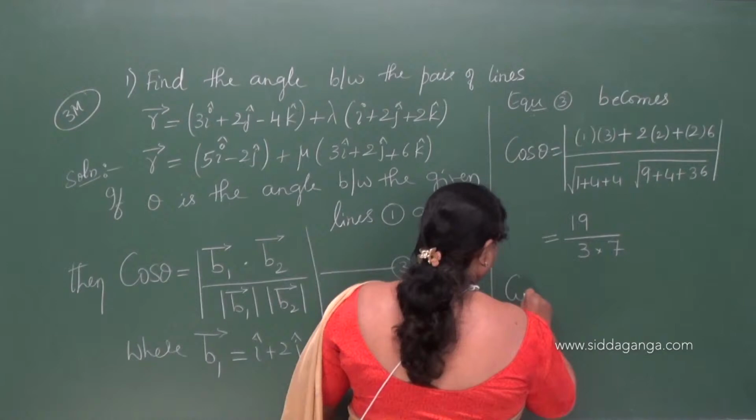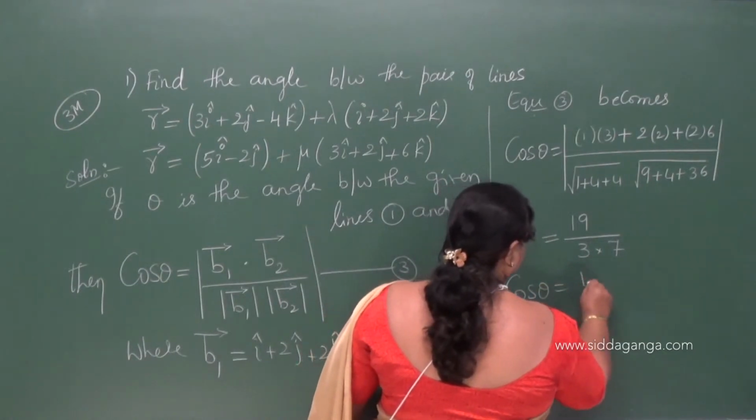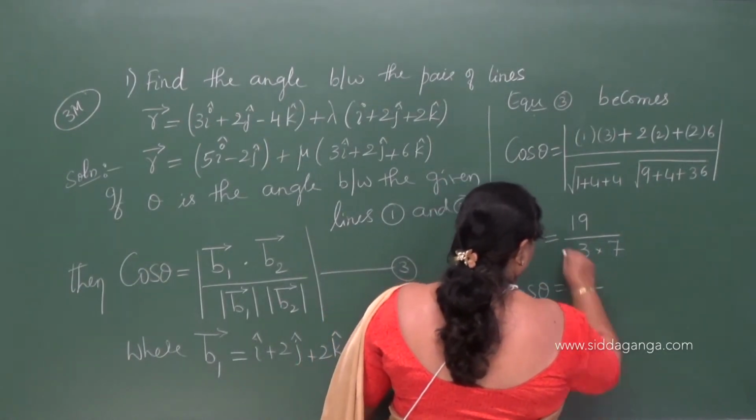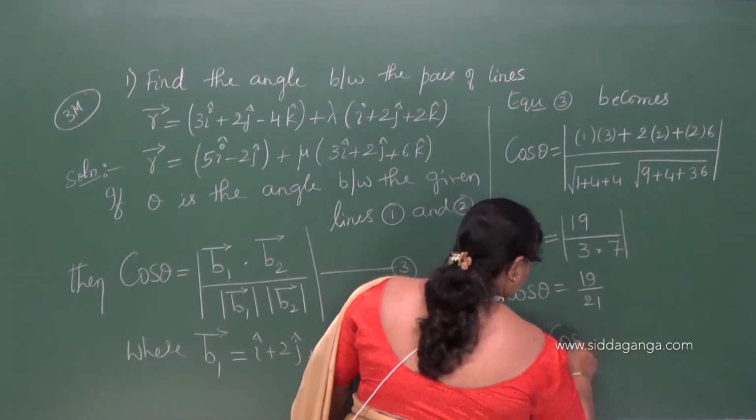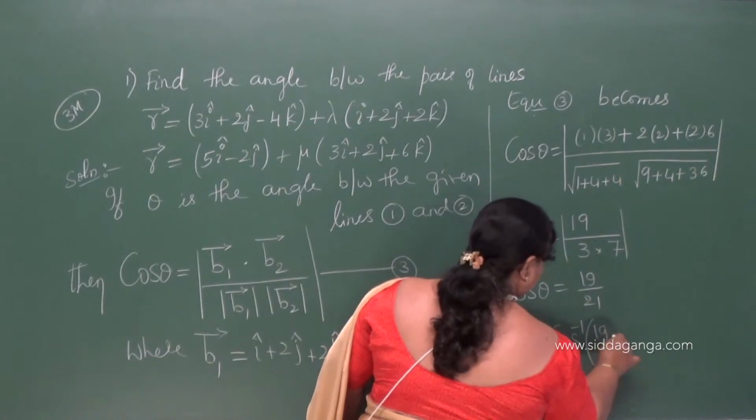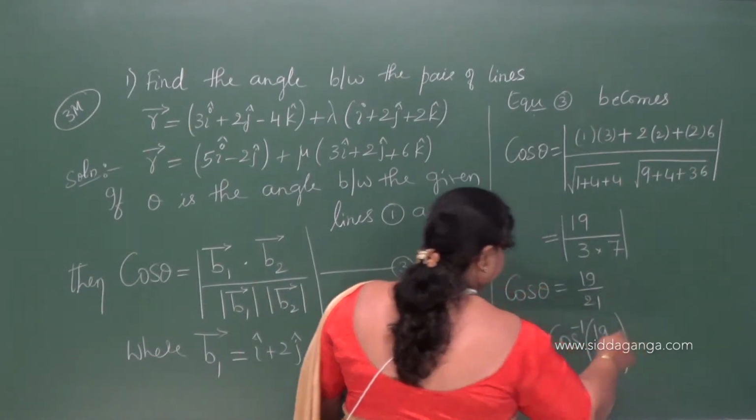So therefore cos theta equal to 19 by 21. So therefore theta equal to cos inverse of 19 by 21.